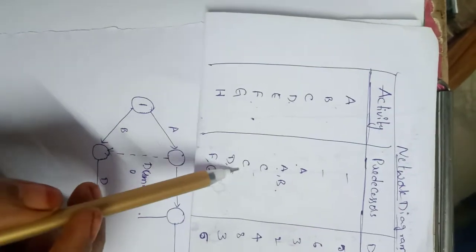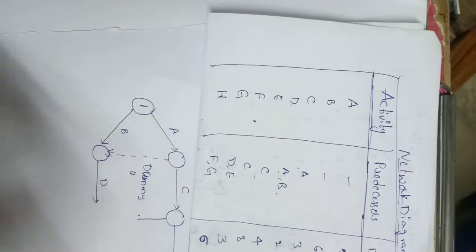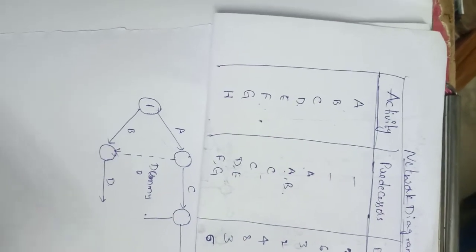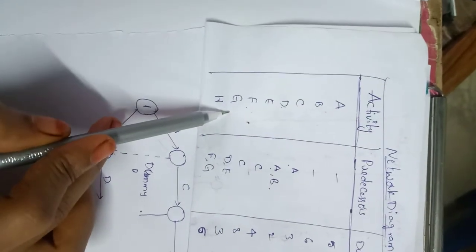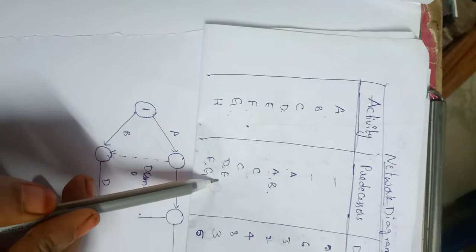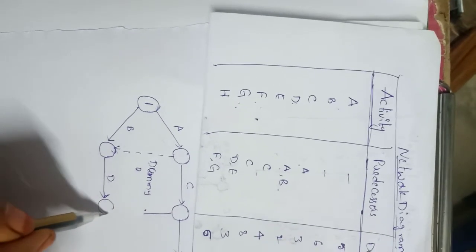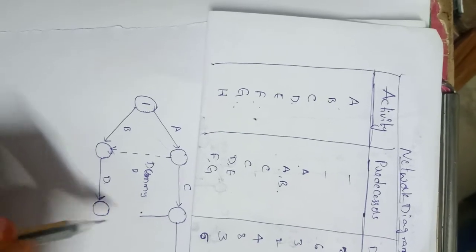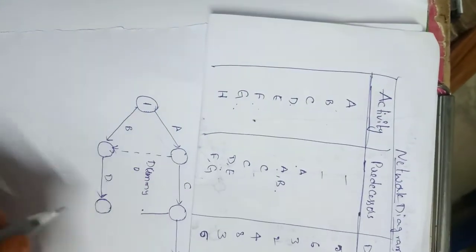But we have to consider the next upcoming activities also, to develop a better relationship between these activities. For the activity G, we have D and E as predecessors. So from this node, at the end of D, activity G can be started. But E should also be a predecessor.